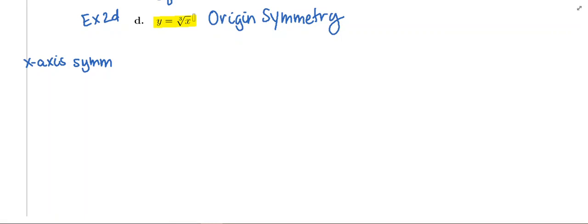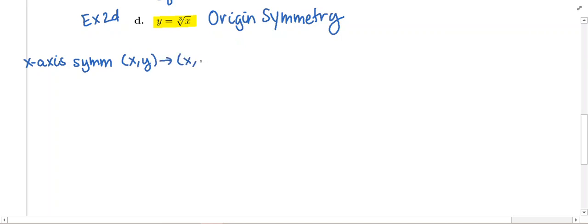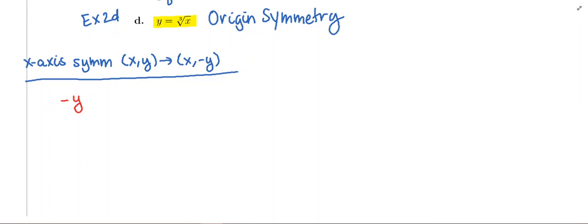For x-axis symmetry, we know that if we start with a point (x, y), then the x value will stay put, and we change the sign of the y coordinate. So we go to the original equation, and everywhere we see a y, we replace it with -y. This tells us -y equals the cubed root of x.